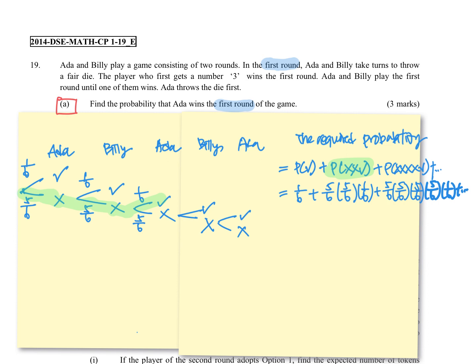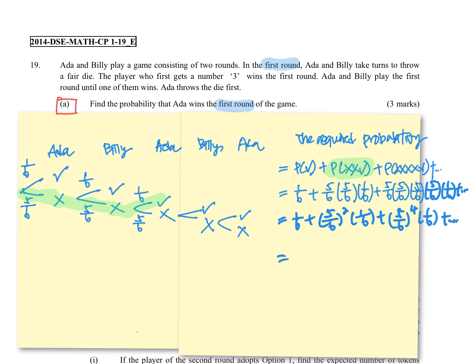And then if we reorganize the products, that will be 1 over 6 as the first term. The second term will be 5 over 6 squared, then times 1 over 6. This is 5 over 6 to the power 4.